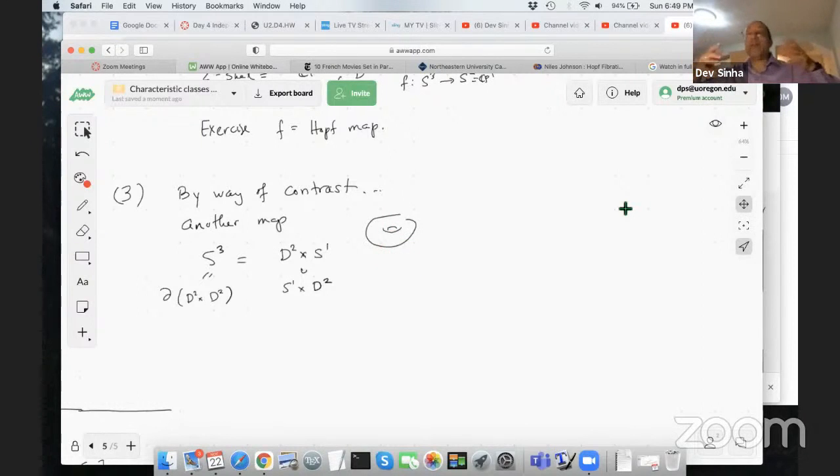And if the universe were S3 and you drilled this torus out, what remains is a torus. It kind of sticks through here. So what we can do for this torus, this D2 cross S1, is map it to S2 in the following way. I'm going to first take D2 mod its boundary, cross S1. That's an identification, and of course that's S2 cross S1. And then I'm going to project it. And similarly here.